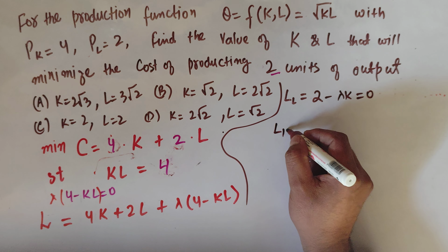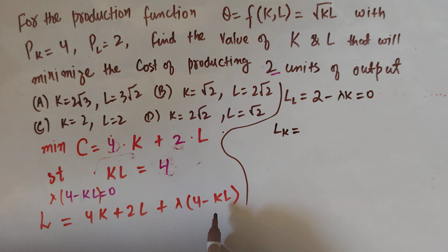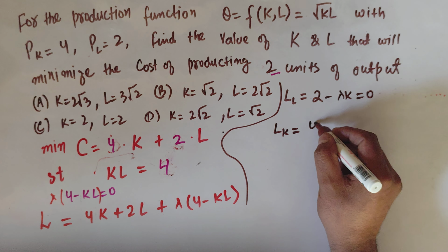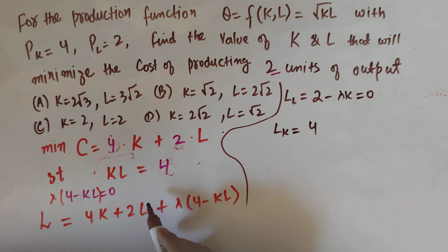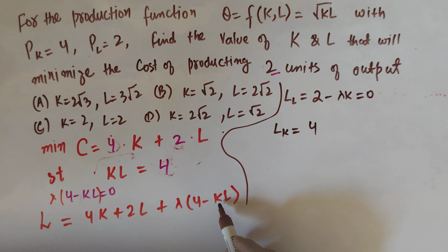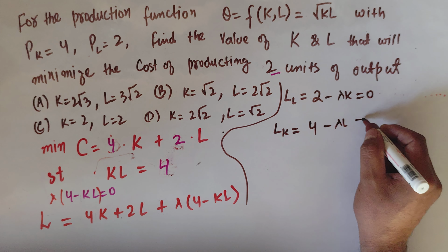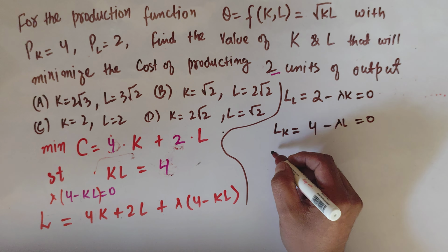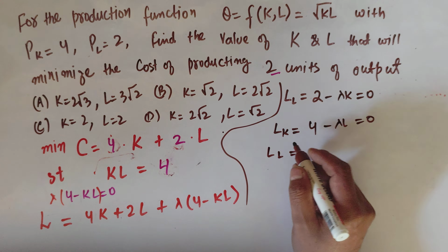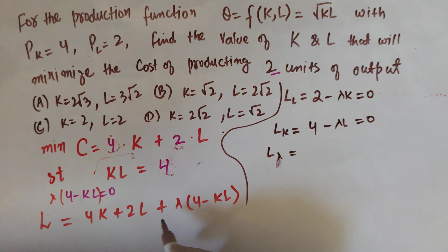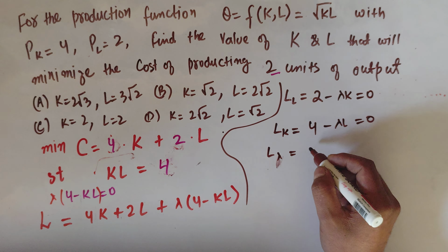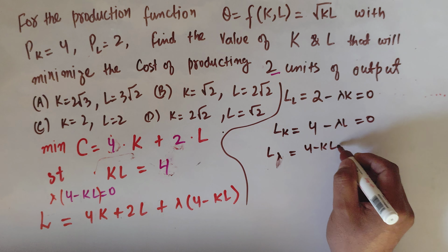Similarly, L subscript K is the partial derivative with respect to K. Derivative of K is 1, so we are left with 4. No K is involved in the second term, its derivative is 0. The derivative of K in the third term is 1, so we are left with minus lambda L. And now we partially differentiate with respect to lambda. No lambda is involved in the first two terms, the derivative of lambda is 1, and we are left with 4 minus KL, and we set it equal to 0.